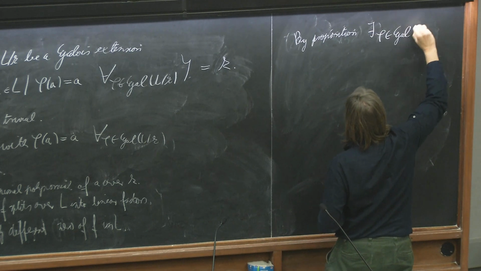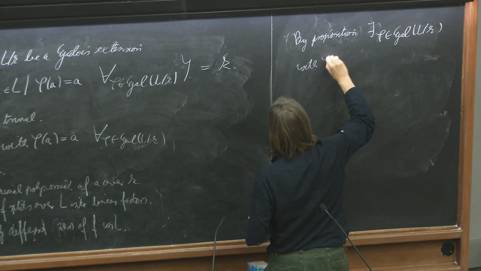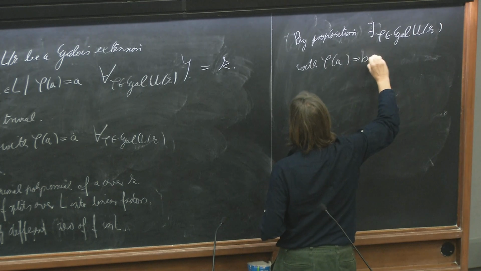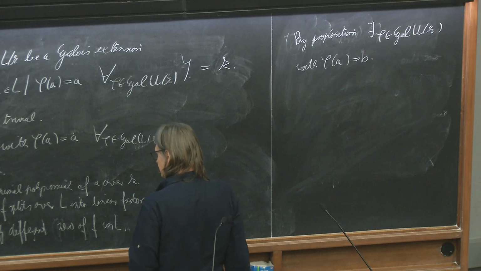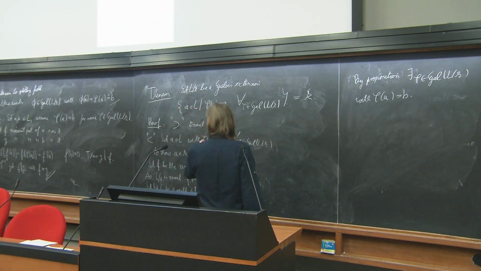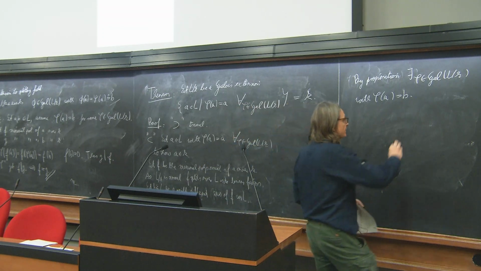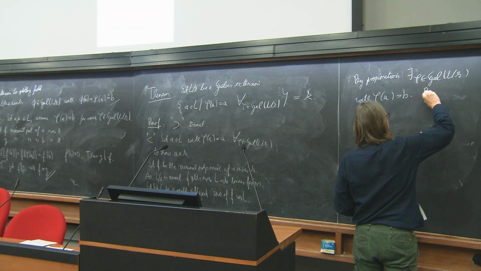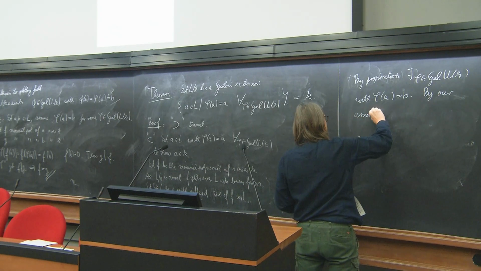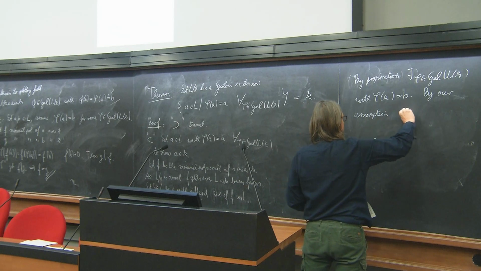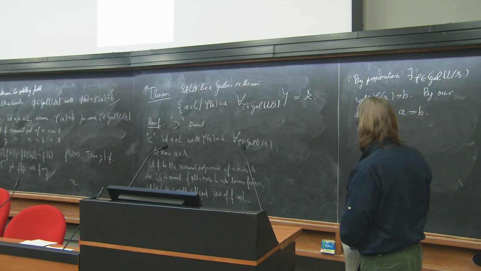But we have said that this element should have the property that every element in the Galois group sends it to itself. So by our assumption, we have that a is equal to b. So all the roots of f are equal.